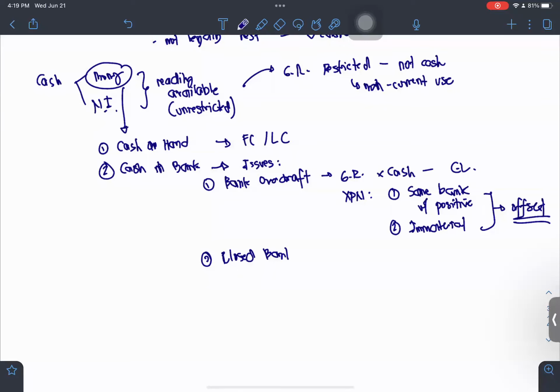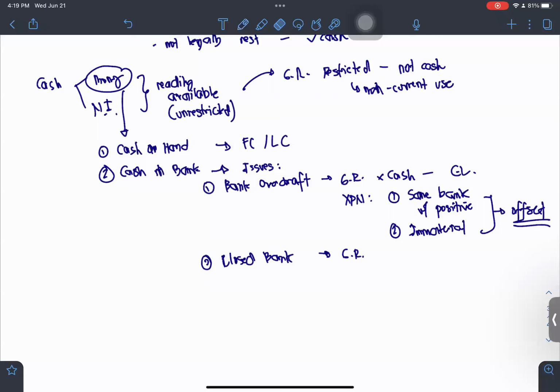Second one, we have your closed bank. So in a closed bank, the general rule here is that it is not cash. It is part of your non-current asset or a current asset in the form of your receivable. So what is the measurement of your cash in bank in a closed bank?